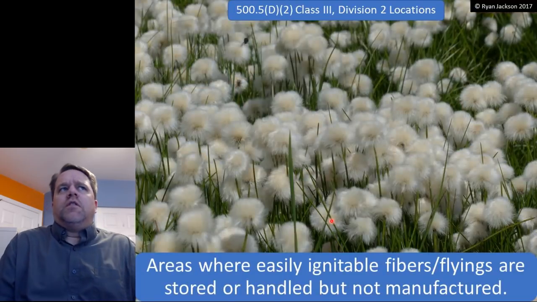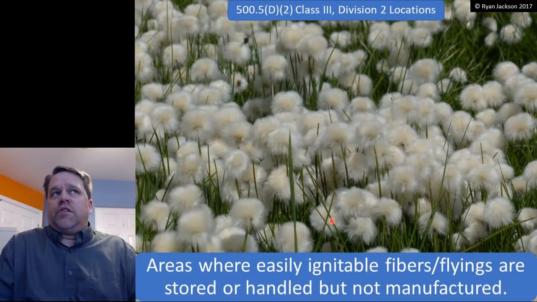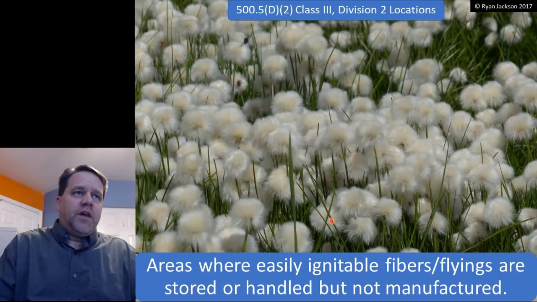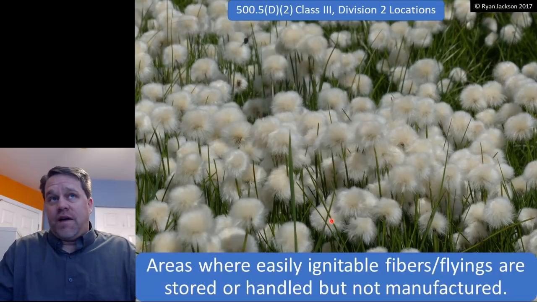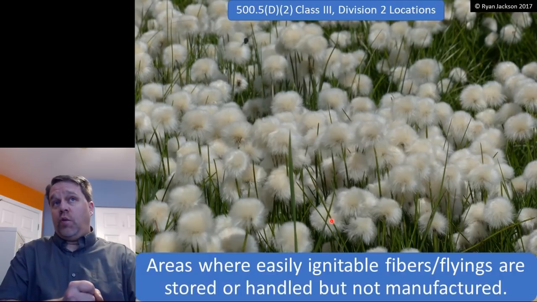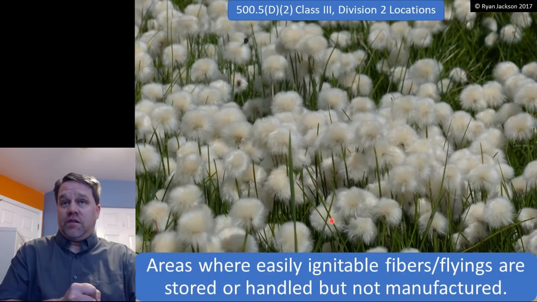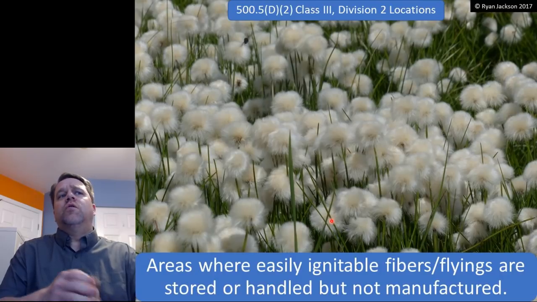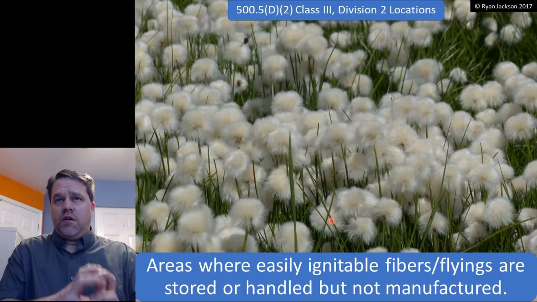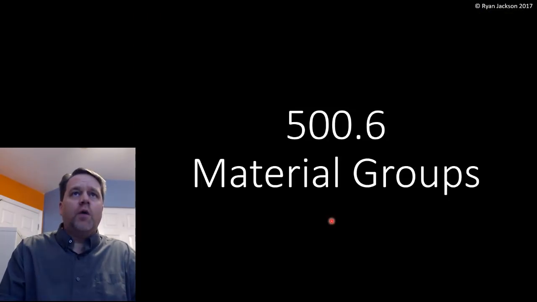We go into 500.5(D)(2), which is Class 3 Division 2 locations, and that's an area where easily ignitable fibers or flyings are stored or handled but not manufactured. So Class 3 Division 1 is where you create the easily ignitable fibers and flyings. Class 3 Division 2 is where you store the easily ignitable fibers and flyings.